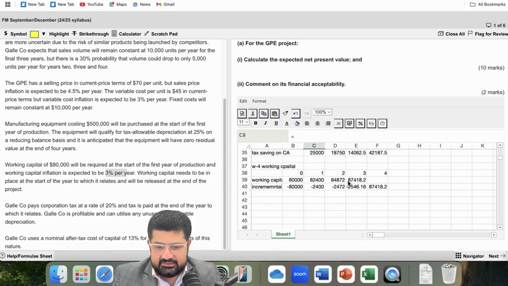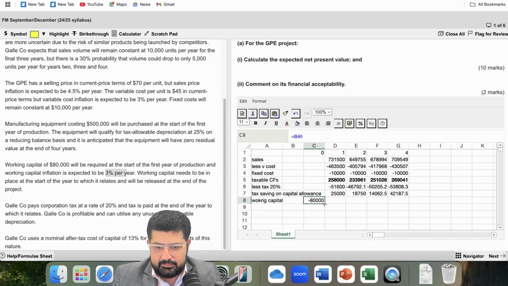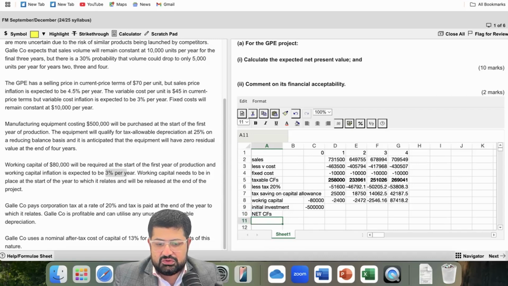We will link the cell. Then is initial investment and scrap value. Scrap value is already 0. So initial investment is 500,000. Now, students, here will be the net cash flows of the project.